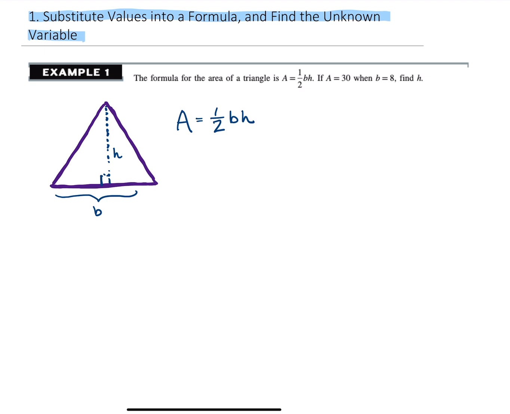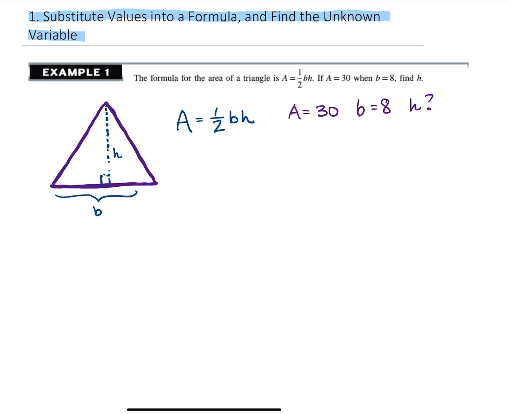So in this particular example, they give us a few values to plug in. They say the total area is 30, and our base is 8, and they want us to find h. So let's just plug in.